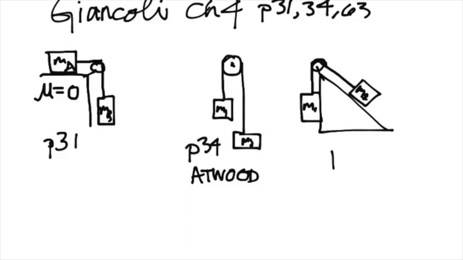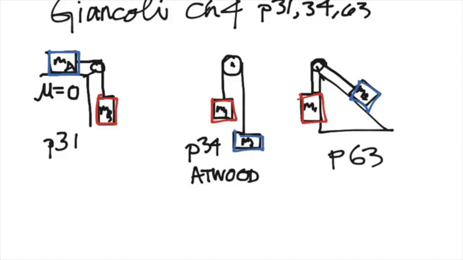Now these problems are all really the same, because in all three cases, I've got one mass hanging straight down, and another mass that's either on a horizontal surface, on an inclined surface, or also hanging straight down.